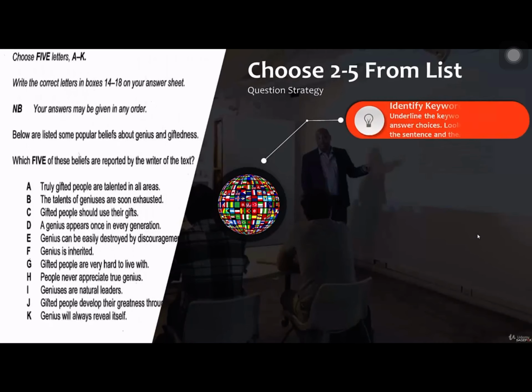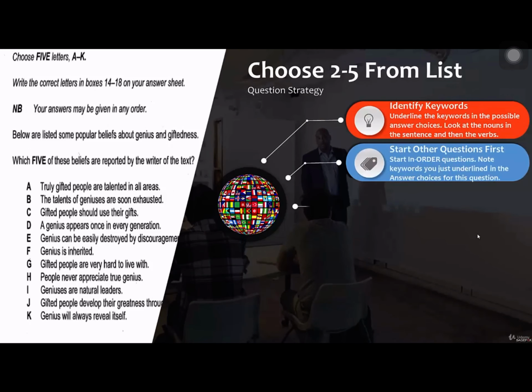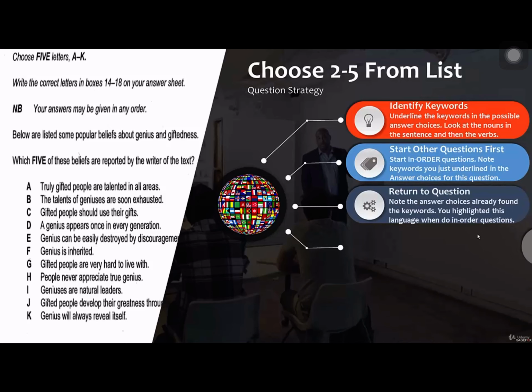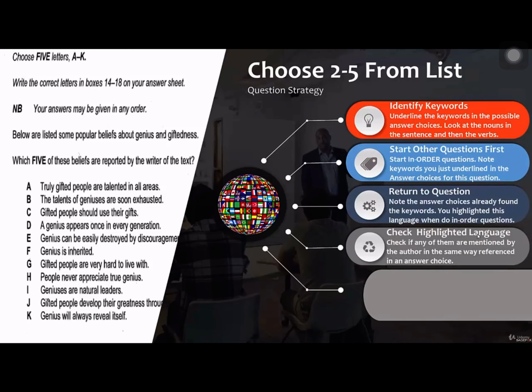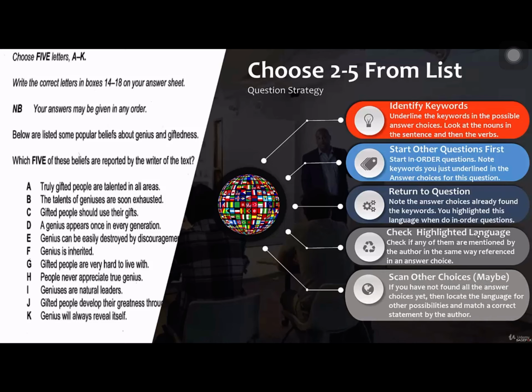So, in terms of strategy, you want to identify the keywords first. Go through the list of A through K, like you see here on the left-hand side, and identify the keywords: gifted people, geniuses, exhausted, gifted people and gifts, genius, every generation, genius, destroyed by discouragement, inherited, hard to live with.